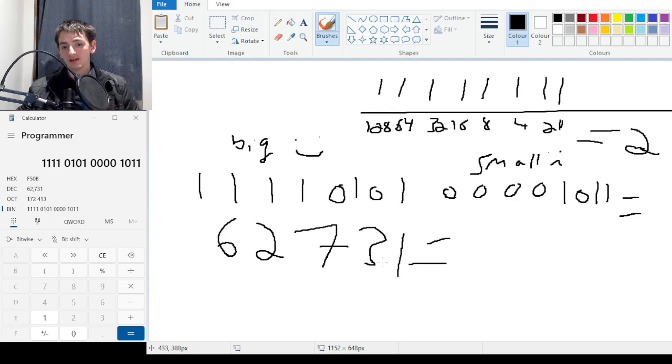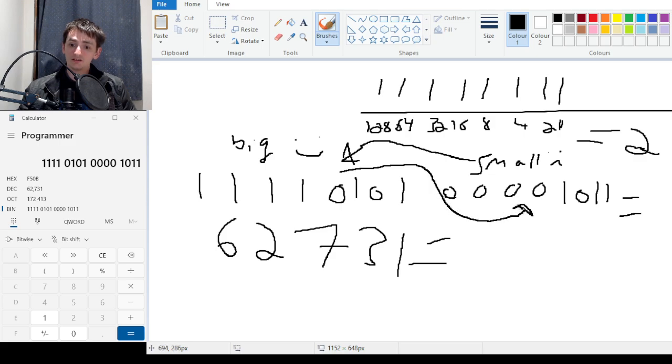This is what would be correct, because of course a small byte would be 1, 2, 4, 8, 16, 32, 64, 128, and then 256 and so on and so forth. That would be correct. But if we reversed it, if the small one went first and the big one went second, then we'd have a completely different value.